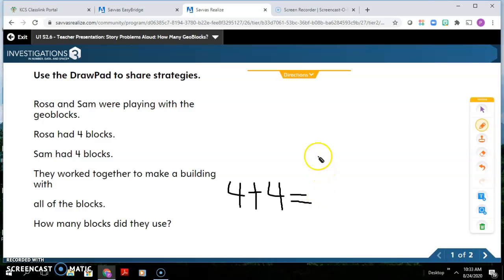Let's think about some strategies that we can use. One strategy we might use is called counting all. I'm going to draw some lines to represent Rosa's blocks, and then I'm going to draw some lines to represent Sam's blocks, and I'm going to count them.